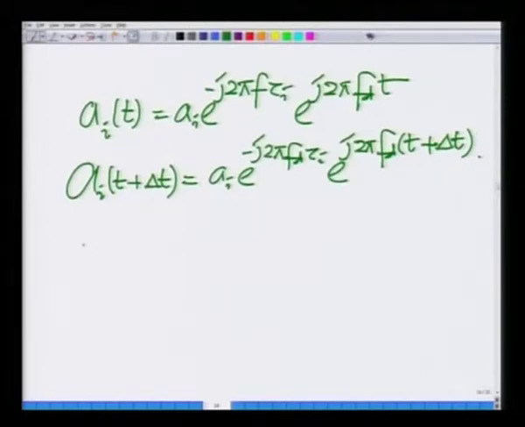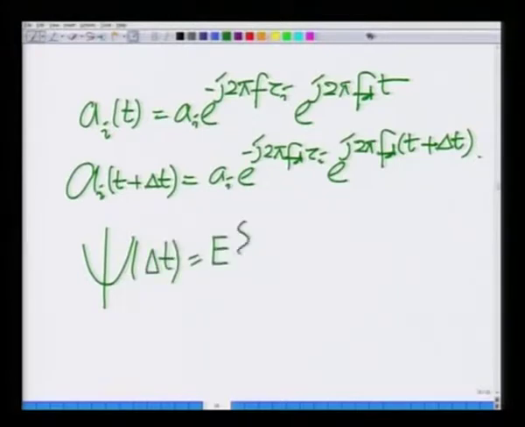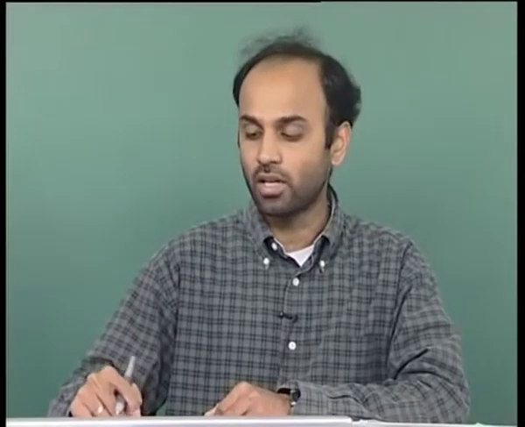So, I will write this as the correlation coefficient psi of delta t as expected value of a_i(t) times a_i conjugate(t plus delta t).